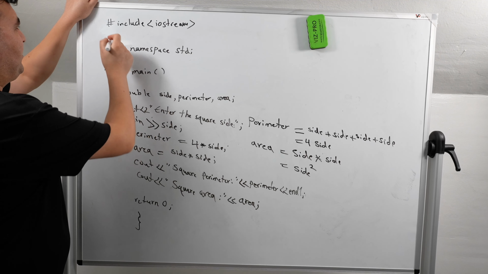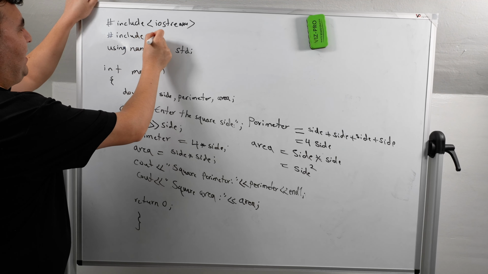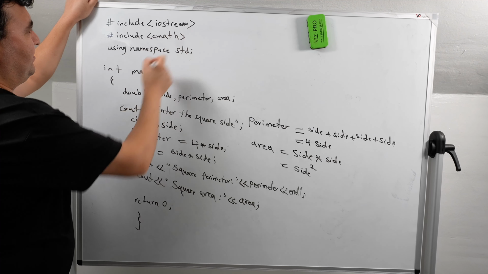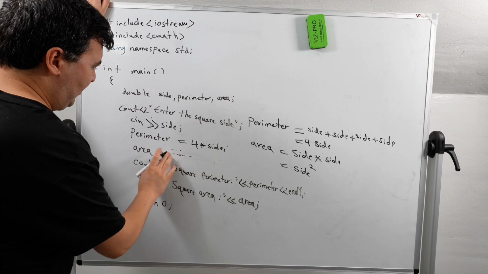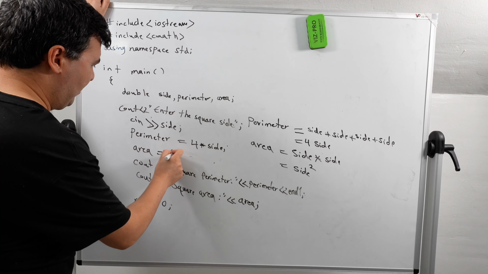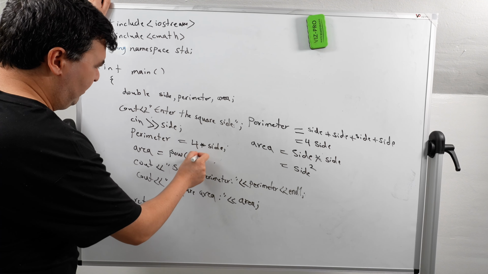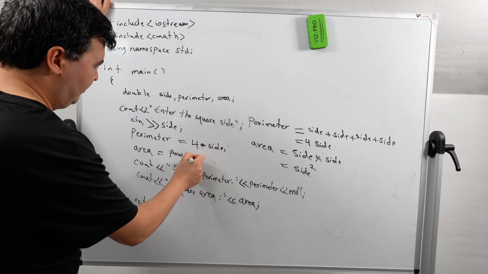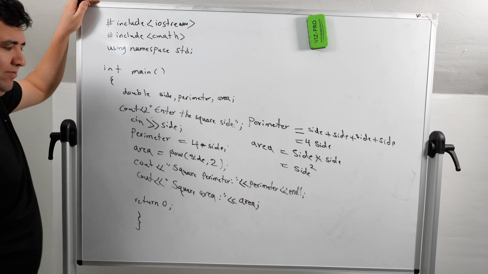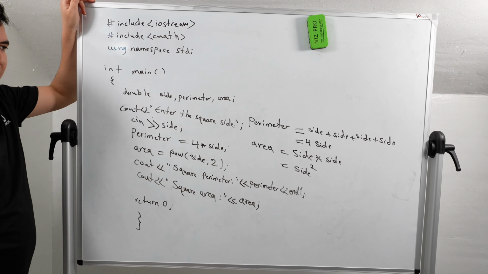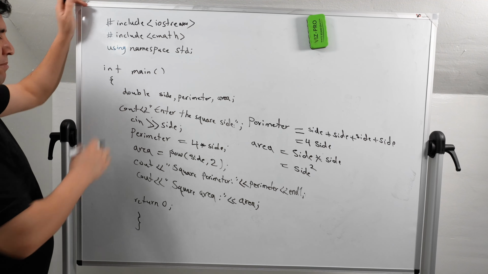So you can make it more advanced, like we can #include cmath, and instead of side multiply side, I can use the power function, side to the power of 2. Because I use the power function from the cmath library.